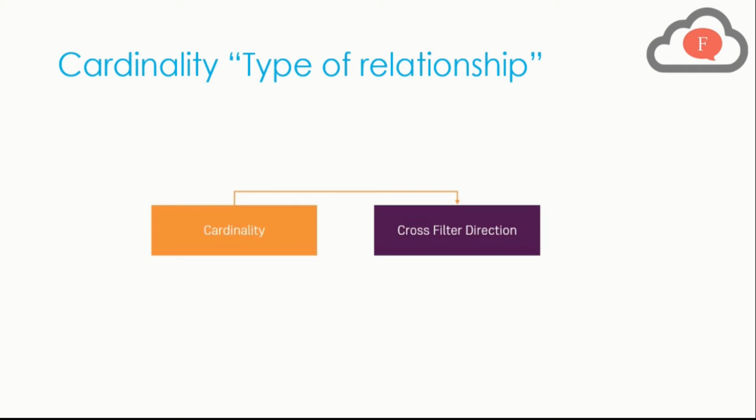For understanding the third type of relationship, you have to understand the cross filter direction. That's why I have made this video. For creating a many to many relationship, you also need cross filter direction. To understand all this in detail, we will take you into Power BI desktop and see how this interrelationship works. Now let's go to the Power BI desktop.